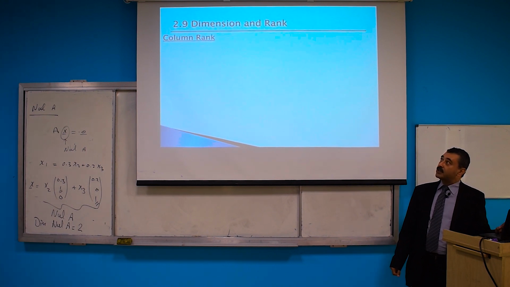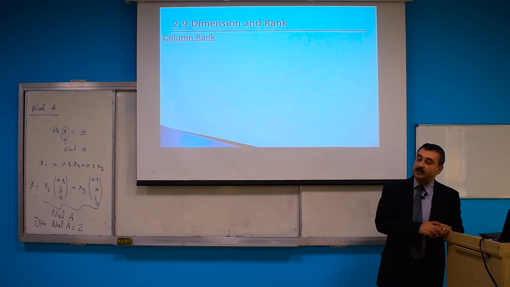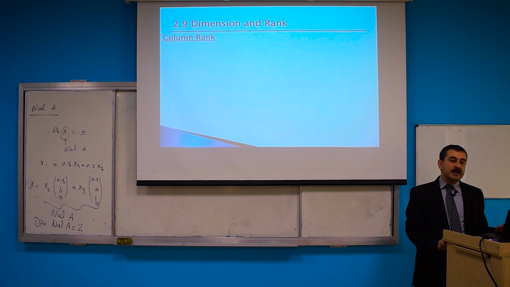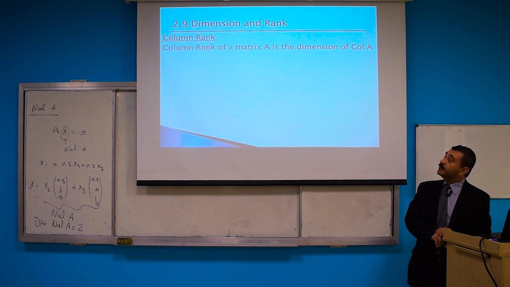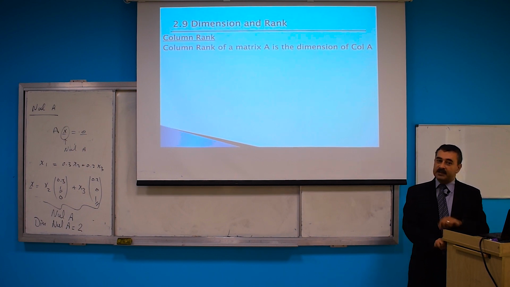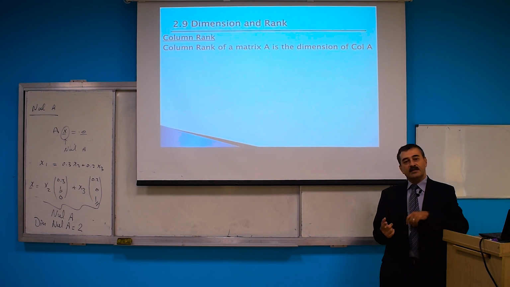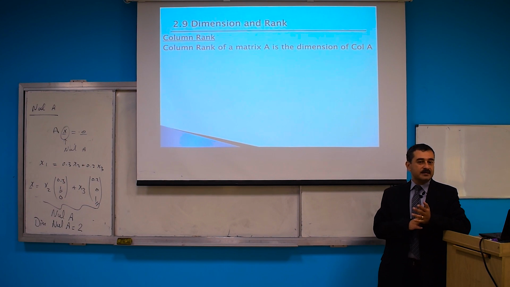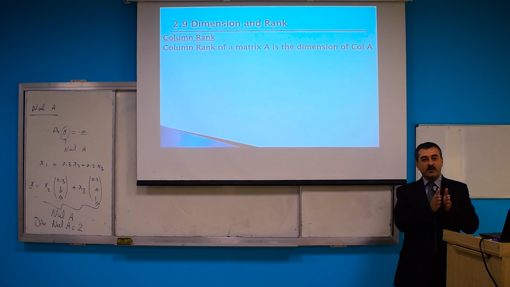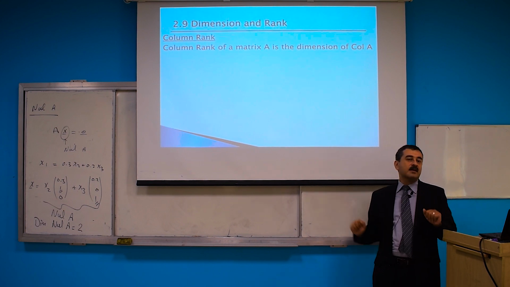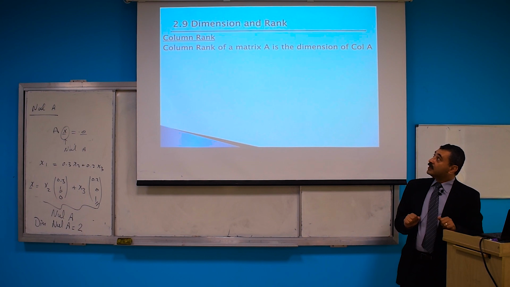Let's define another keyword called the column rank. It has to do with the dimension. The column rank of a matrix is defined to be the dimension of the column space of the matrix. Do you remember what the column space of the matrix is? It is the space spanned by the columns of the matrix. So if you have a matrix containing vectors A1 up to AN, the span of these columns is called the column space of the matrix.